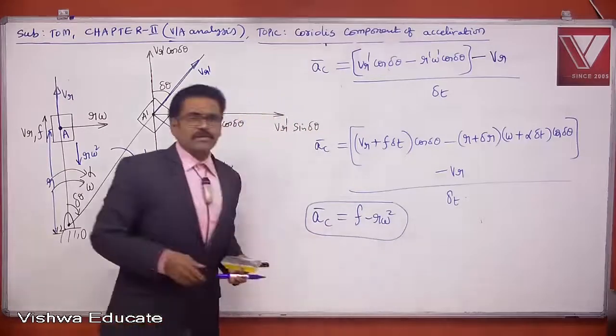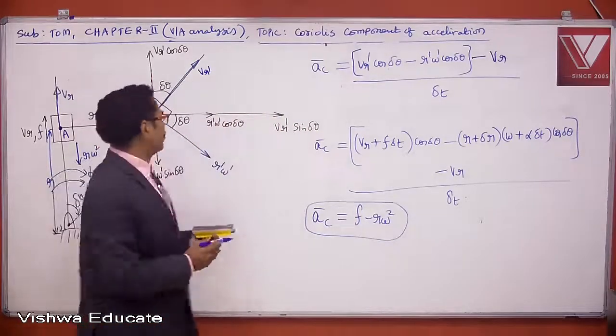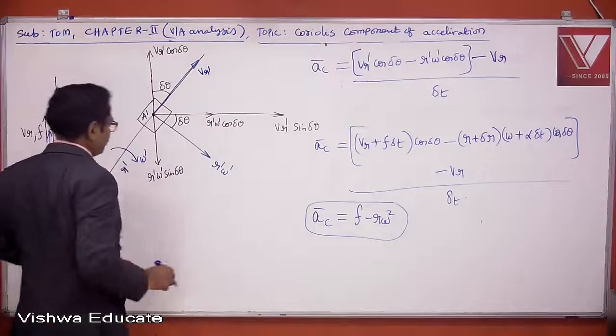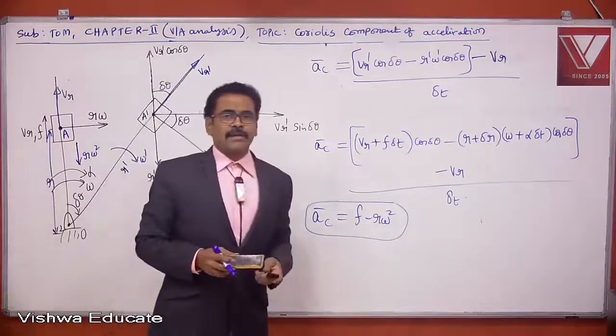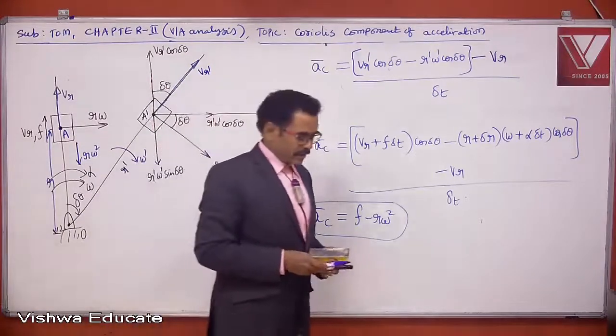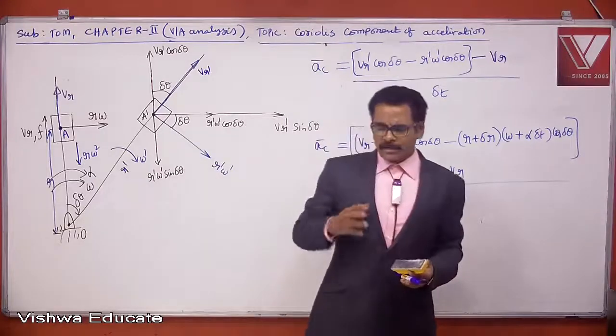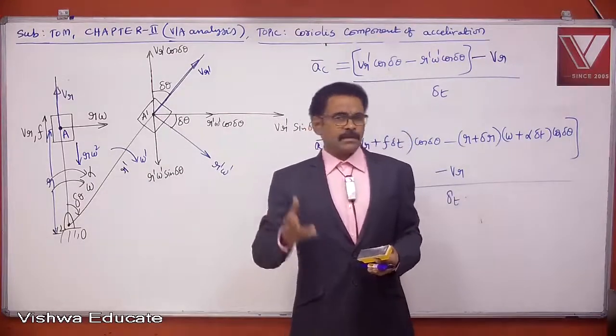Now what is the total acceleration of point A? Maybe I may think of this point as A. Point A is experiencing two accelerations: tangential acceleration and centripetal acceleration.